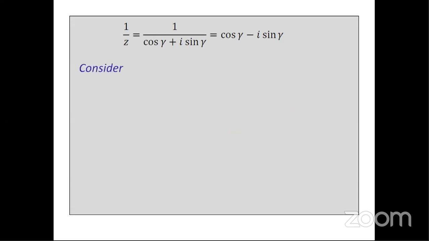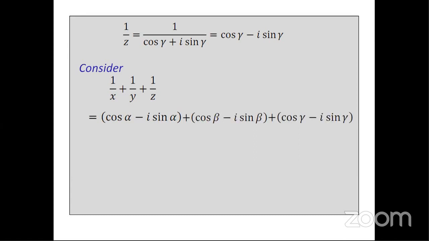Now, once we calculate 1 by x, 1 by y and 1 by z, we will consider 1 by x plus 1 by y plus 1 by z, children, which is equal to cos alpha minus i sin alpha plus cos beta minus i sin beta plus cos gamma minus i sin gamma. Now, try to bring all the real terms and imaginary terms separately in two different brackets.